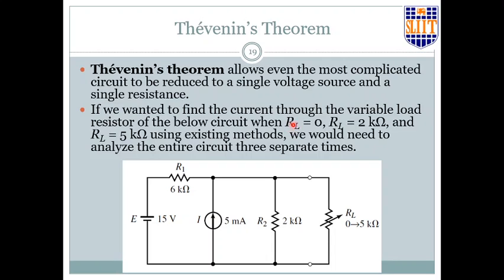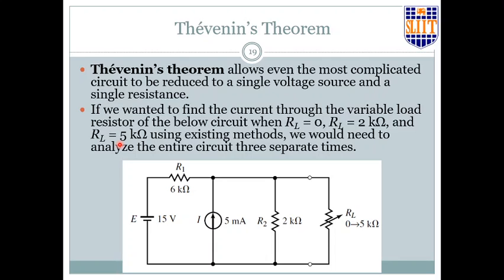In this case they have said RL equal to 0, RL equal to 2k and 5k. Now if you are using mesh analysis, you have to perform that 3 times, which is far too difficult.